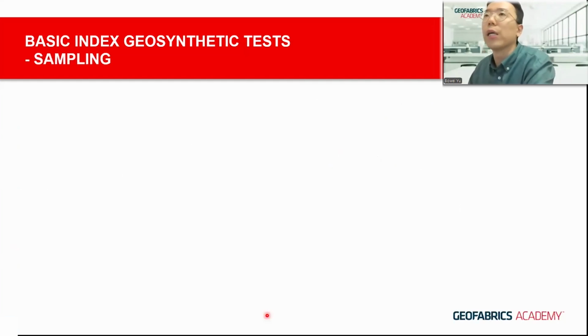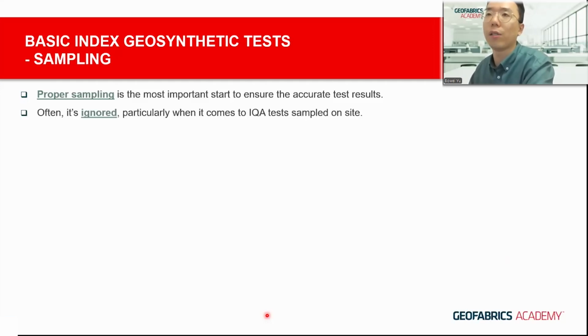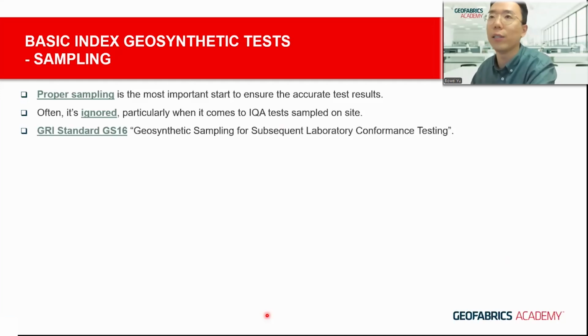Before we go to the specialized testing area, I just want to spend another 2 minutes talking about sampling. For us in the testing industry, I think it's safe to say all of us agree that proper sampling is perhaps the most important start to ensure that you can obtain accurate test results. But unfortunately, it's often ignored, particularly when it comes to the CQA tests sampled from the site.